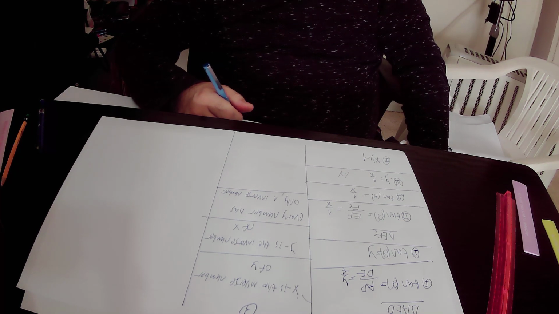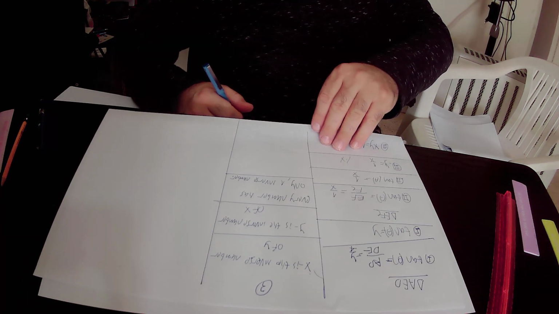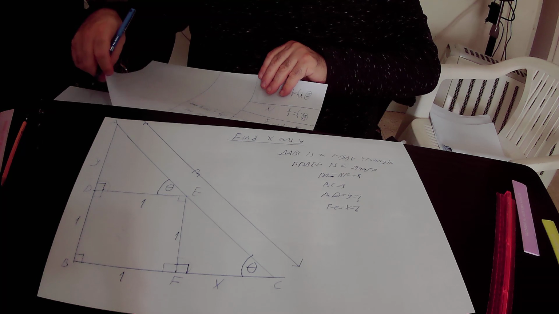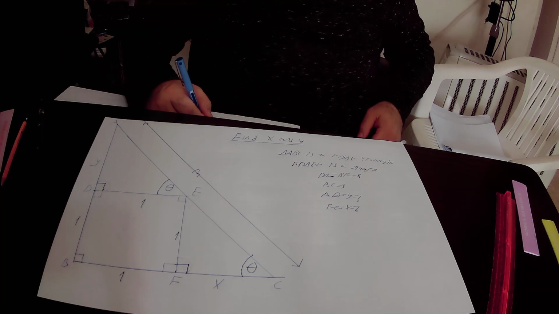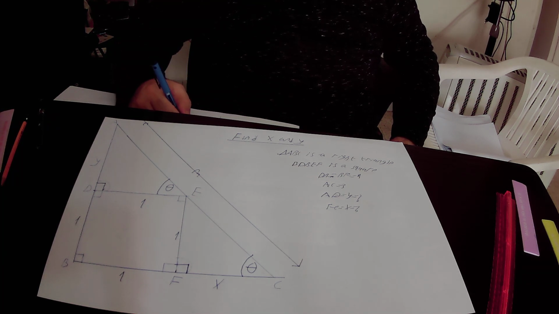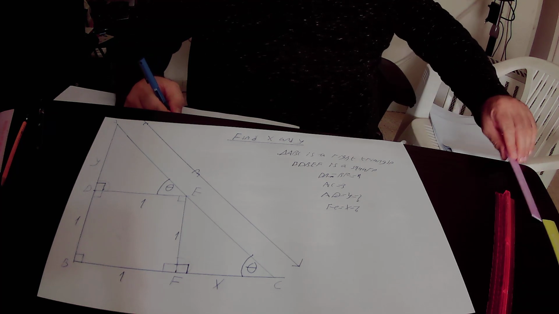Okay? So in the next step we will focus on the right triangle, triangle ABC. According to the Pythagoras theorem, the square of the hypotenuse equals the sum of the squares of the perpendiculars.